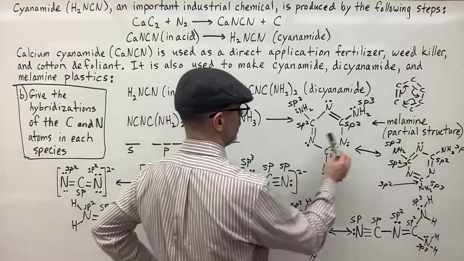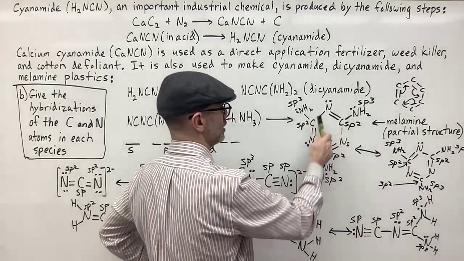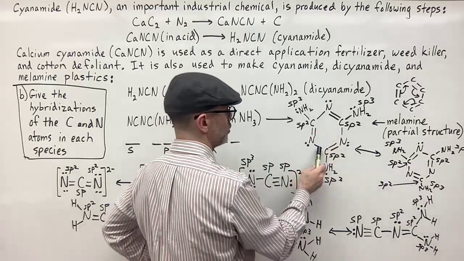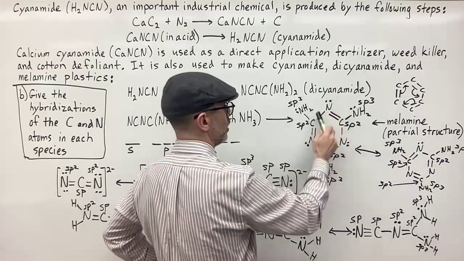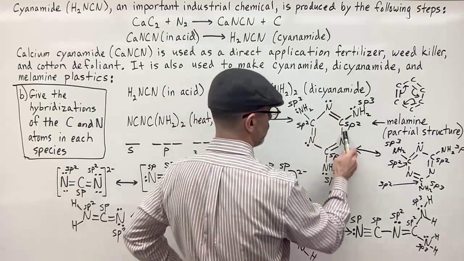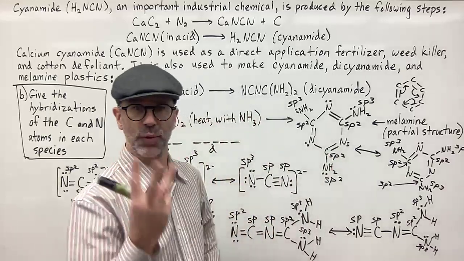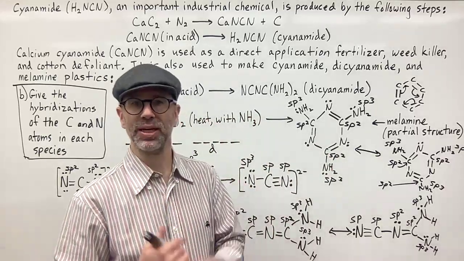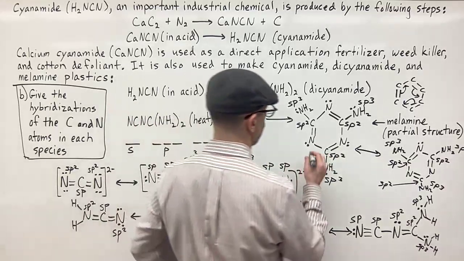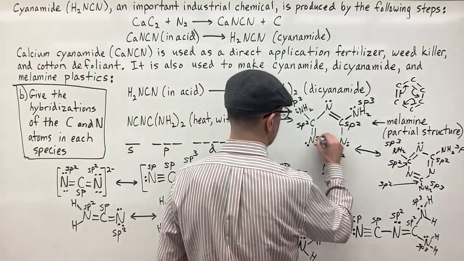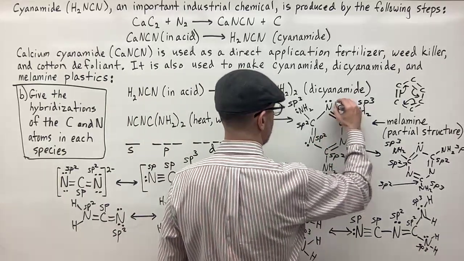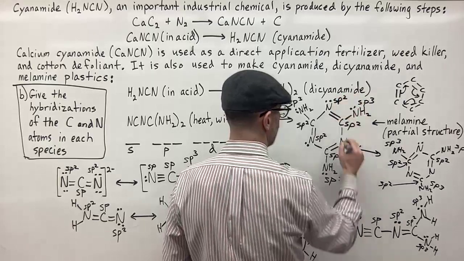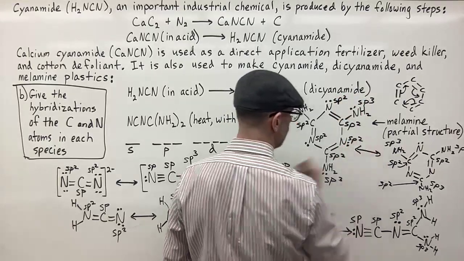And what about the nitrogens? Notice that the nitrogens are all the same too. Lone pair, single bond, double bond. Lone pair, single bond, double bond. Lone pair, single bond, double bond. That's, again, 3 electron groups, so sp2 hybridized. So all of the nitrogens are sp2 hybridized.